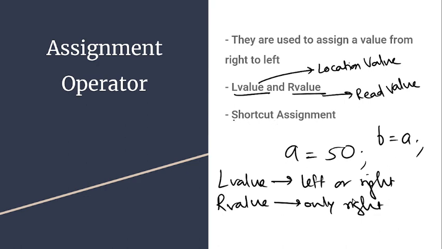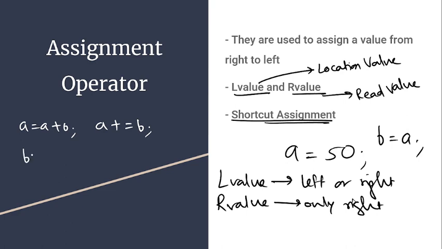Now what is shortcut assignment? Shortcut assignment is when I combine the assignment operator with some other operation. For example, if I want to do a = a + b, I can do it like a += b. This is shortcut assignment.